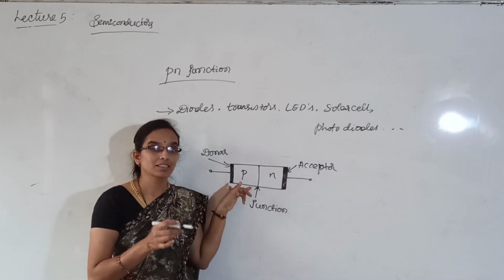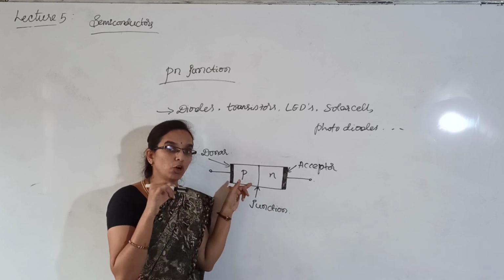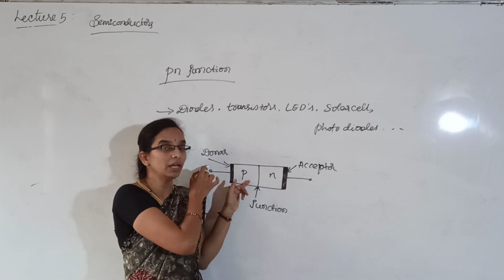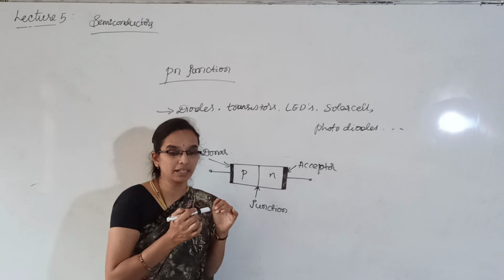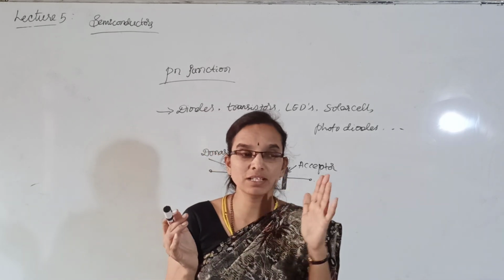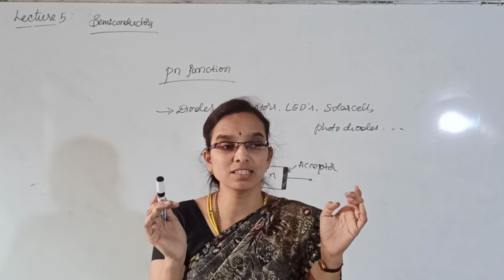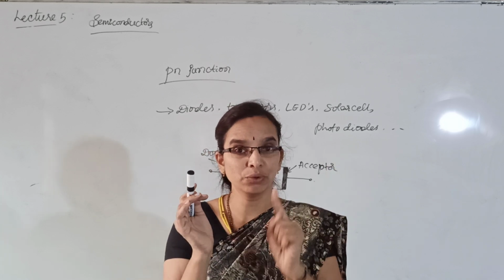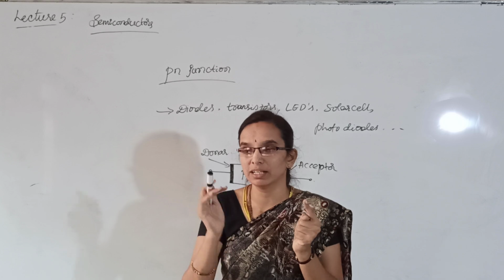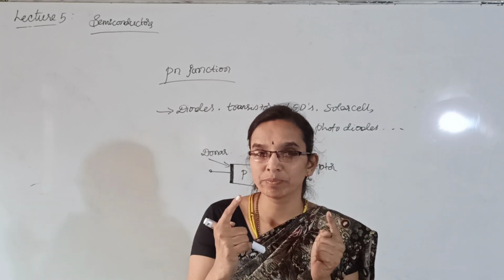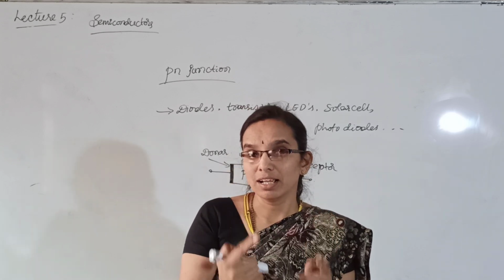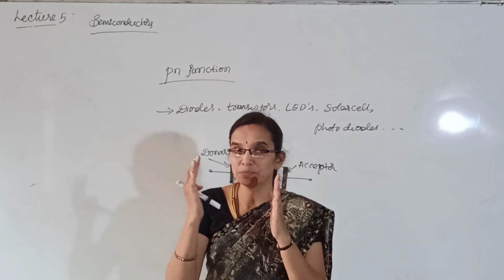If the silicon material is doped with the donor impurities, you will get p-type semiconductor. So physically one side of the crystal is added with the donor impurities, you will get p-type semiconductor, and the other side will be added with the acceptor impurities, that is pentavalent impurities.